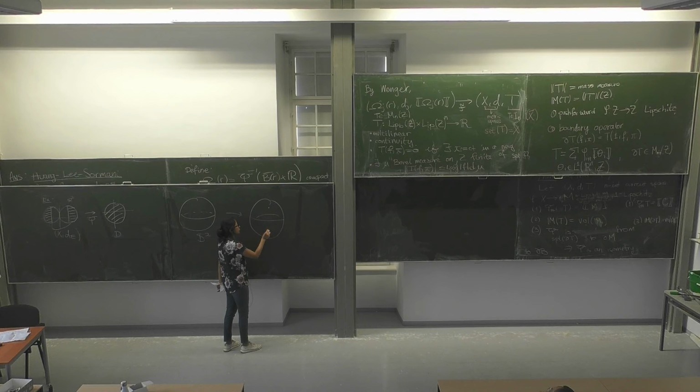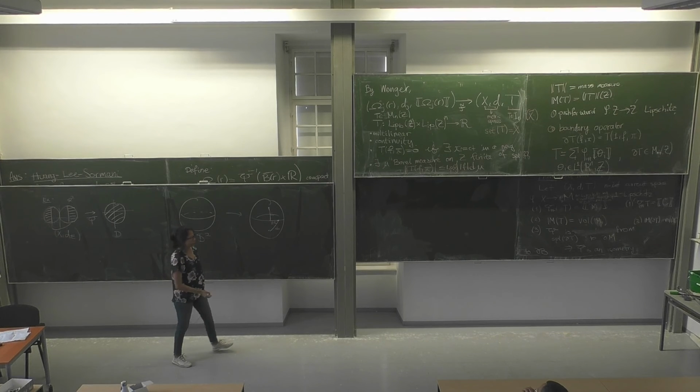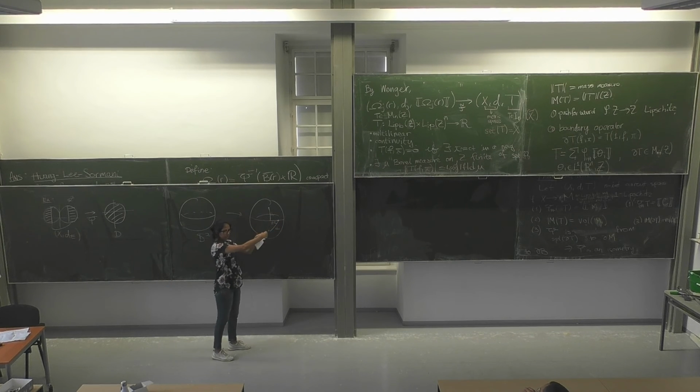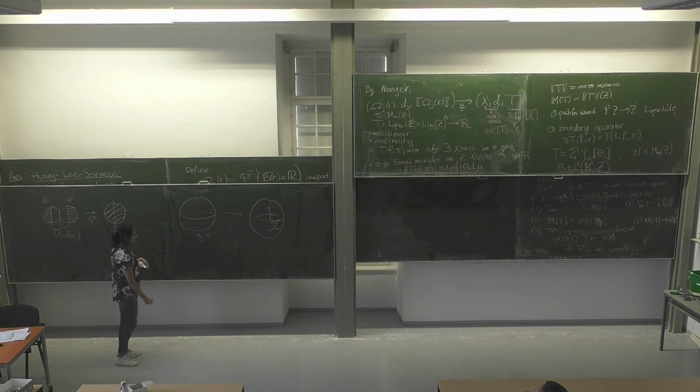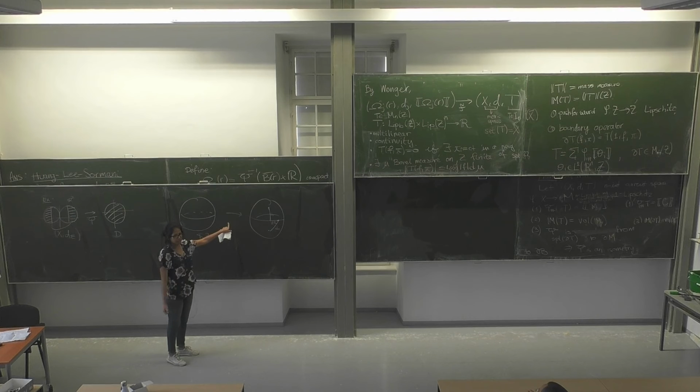So going from here to here, I have to take curves that go from here to here, from here to here, and from here to here. Let's say the infimum of curves that do this, and here is 1/2 the original distance, and here the original distance, and here the original distance. So this equator looks smaller. And so I have, again, a one-Lipschitz map that preserves the volume, but is not an isometry.